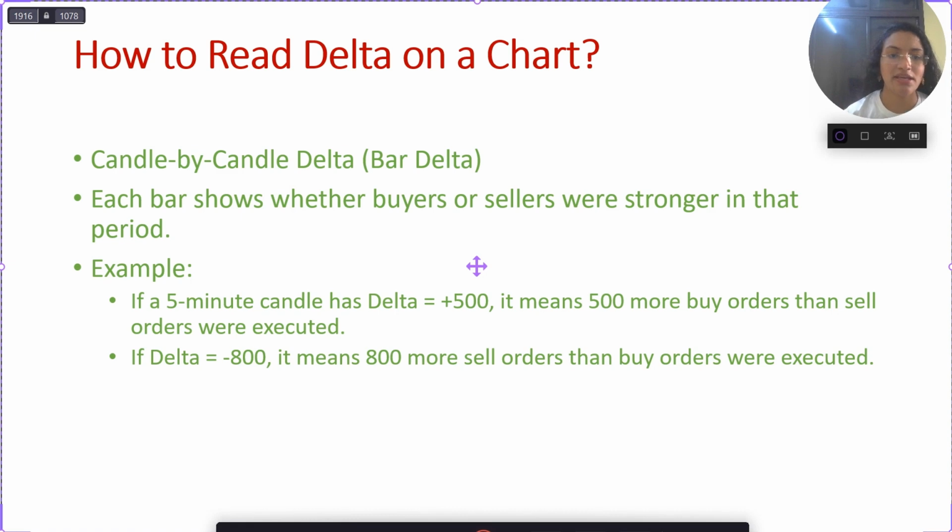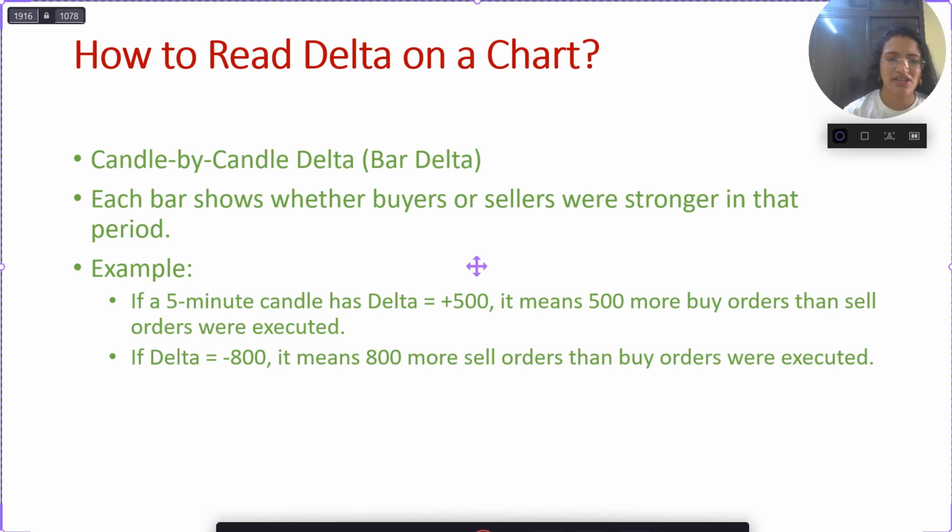For example, if a 5-minute candle has a positive delta of plus 500, it means 500 more buy orders than sell orders were executed.